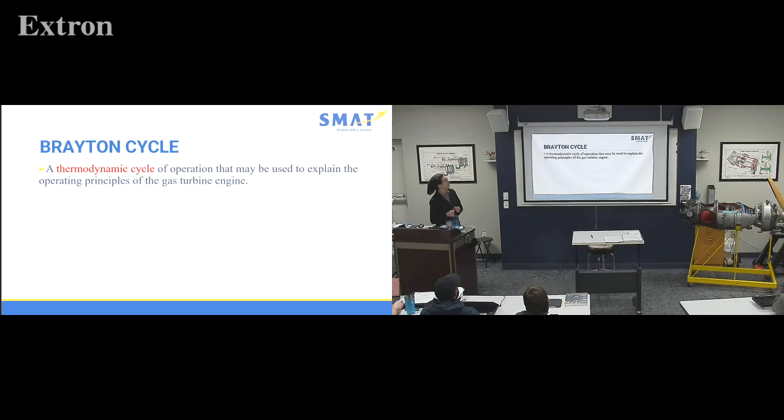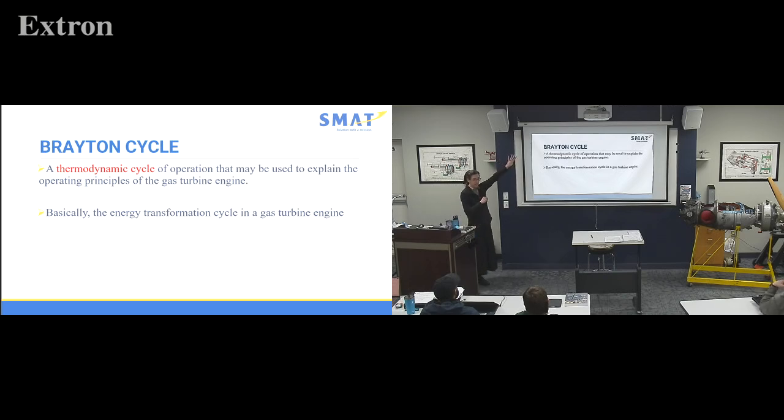A thermodynamic cycle of operation may be used to explain the operating principles of the gas turbine engine. Basically, to a simpler definition, the energy transformation cycle in a gas turbine engine. So, the fancy stuff in the previous slide, where we had all this energy in the fuel, and then we combust it, and it expands.